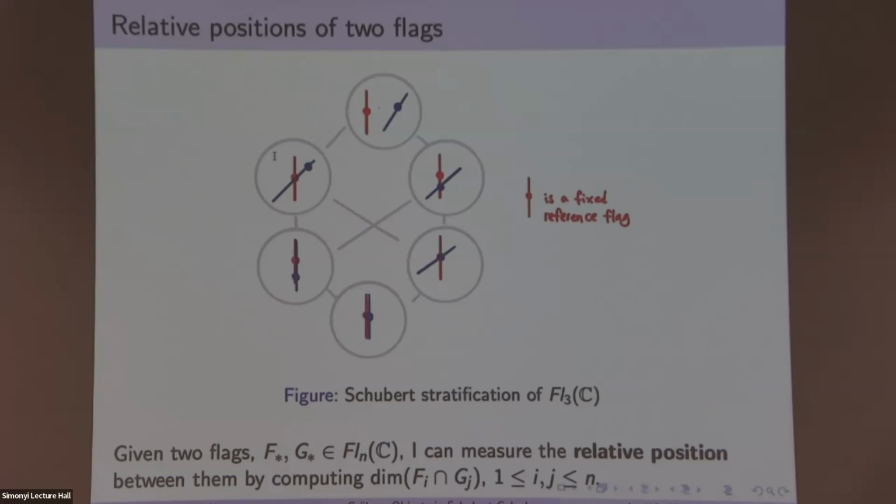So in this picture, I show you how the relative position with respect to a fixed reference flag can vary. The most special position is that any given flag directly coincides with your fixed reference flag, and then you can slowly move it away from the fixed reference flag in these prescribed ways, and at the top I have the most generic situation.